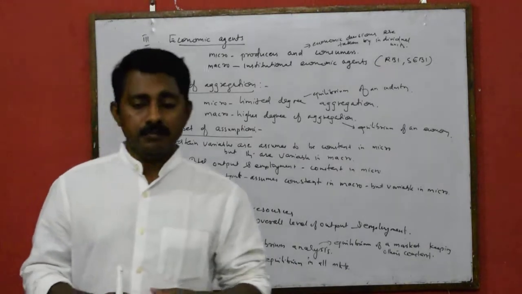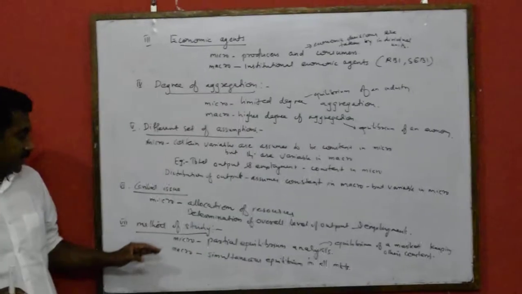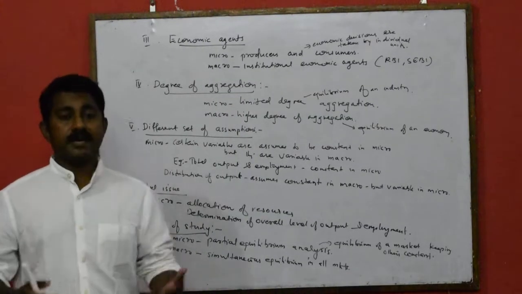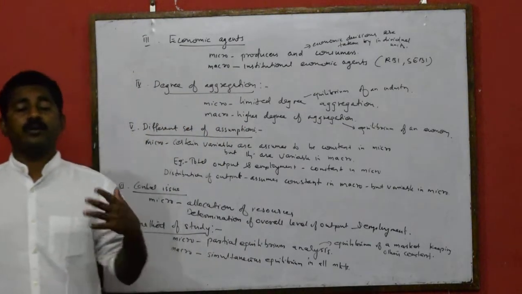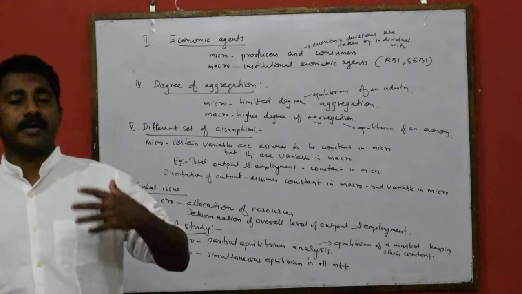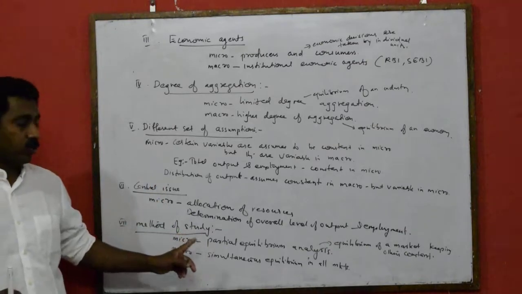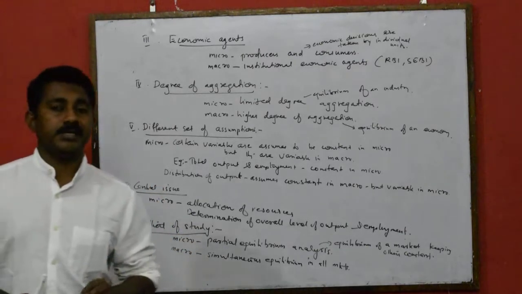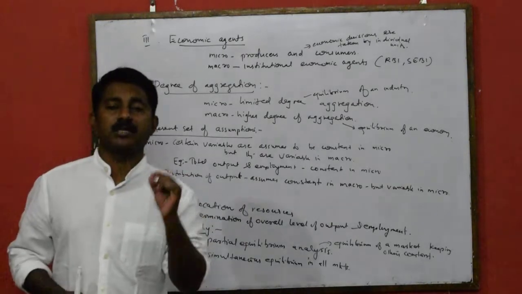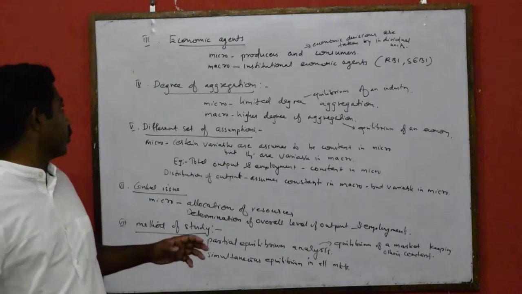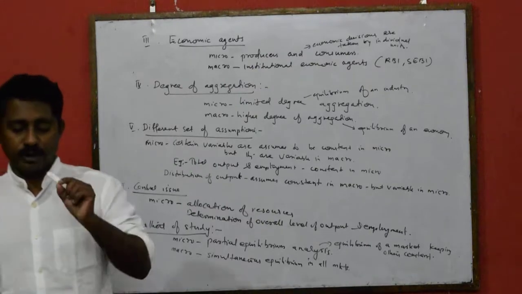So only the equilibrium of a small unit is studied under microeconomics, whereas under macroeconomics, simultaneous equilibrium in all markets is studied, thereby overall equilibrium of the economy is studied. So the last difference is the method of study. In micro only partial equilibrium is studied, whereas in macroeconomics simultaneous equilibrium of all the markets is studied. So these are the fundamental differences between microeconomics and macroeconomics.